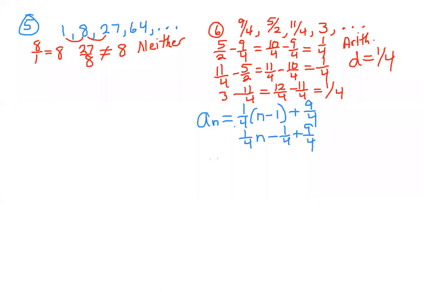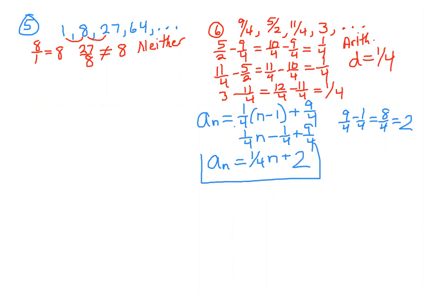And we're going to say an equals 1/4 n plus, say, 9/4 minus 1/4 is 8/4. And 8/4 is 2. So there is our rule right there for number 6.